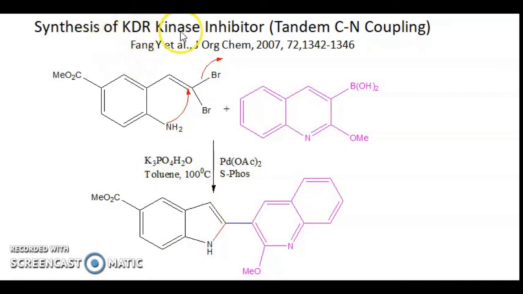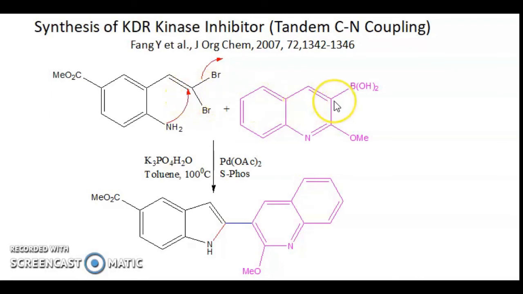So in this KDR kinase inhibitor, an enzyme inhibitor, first the amino group on this compound attacks this double bonded carbon atom and one halogen is lost. So you can imagine a five-membered halide is formed with bromine over here.